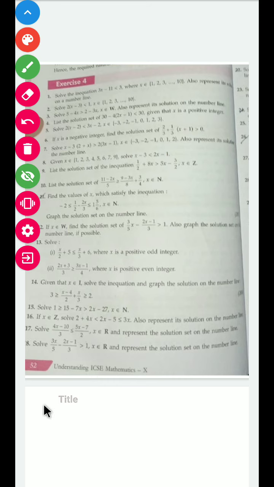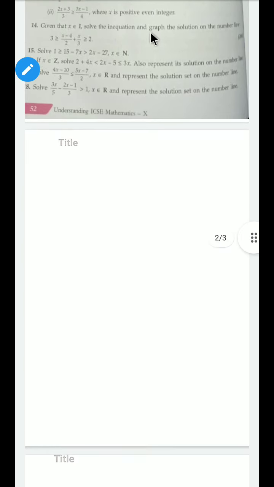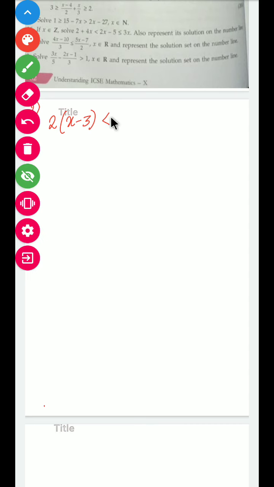So here is given 2 into x minus 3 less than -1.